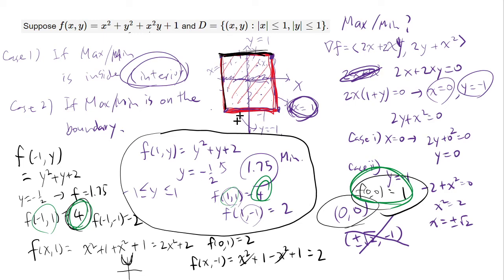So I would say the answer to this is: max value of 4 at (1, 1) and (-1, 1), okay? And the minimum value of 1 at (0, 0), okay? So that would be the answer for this.